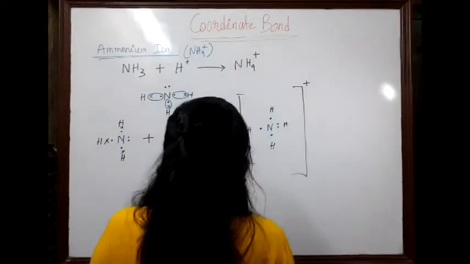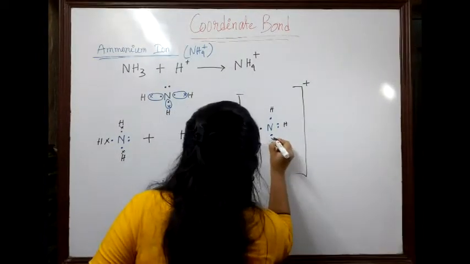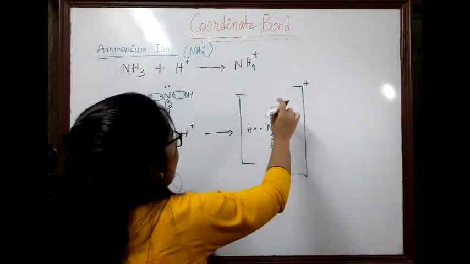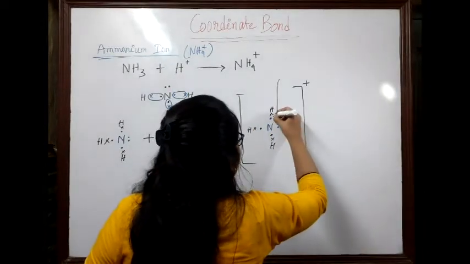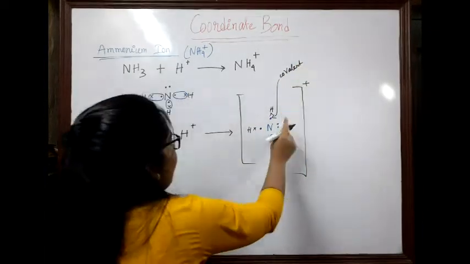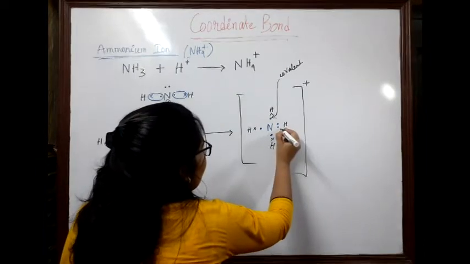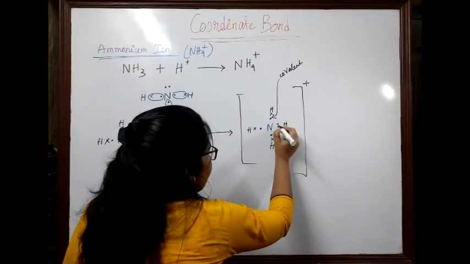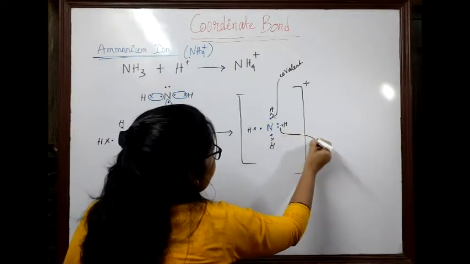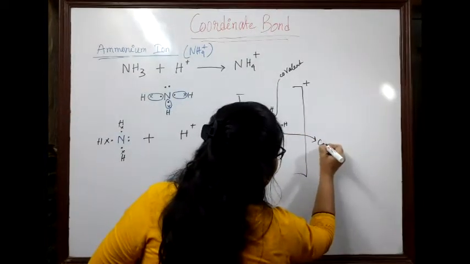Okay. So these are covalent bonds, and this bond, these two electrons going to the H plus, this is the coordinate bond.